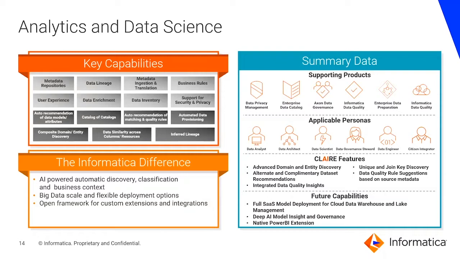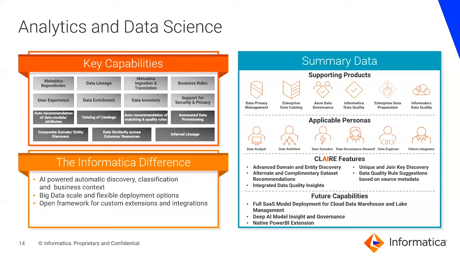And then Informatica data quality that helps with making sure that the data quality of these data assets is always correct. So here we deal with multiple different user personas, and the key Informatica difference that we bring in is automatic discovery, classification, and business context information to this data analyst. So to the data analyst user.